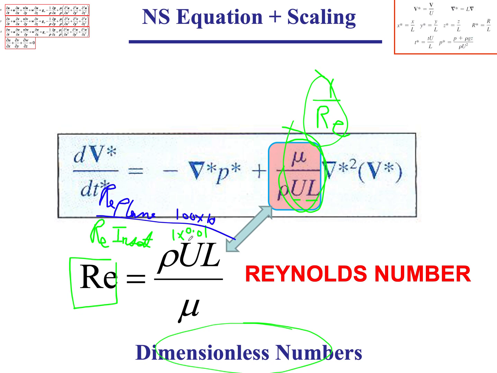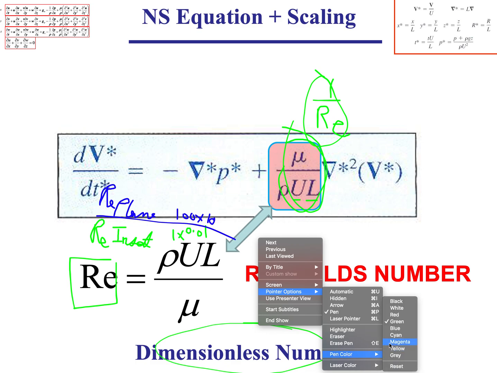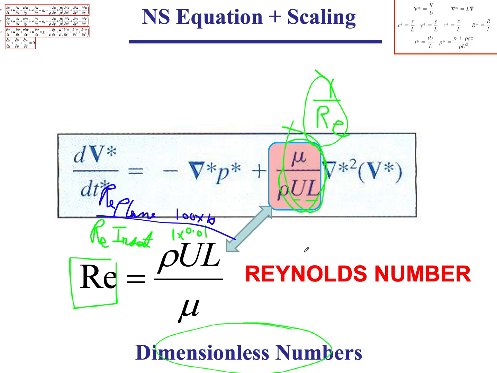Here's 1,000 divided by 0.01. So the ratio of the Reynolds numbers is 1, 2, 3, 4, 5 zeros. So an airplane has a Reynolds number that's 100,000 times larger than an insect. Great, so let's move on to the next slide, where an airplane has a very large Reynolds number while an insect has a very small Reynolds number.